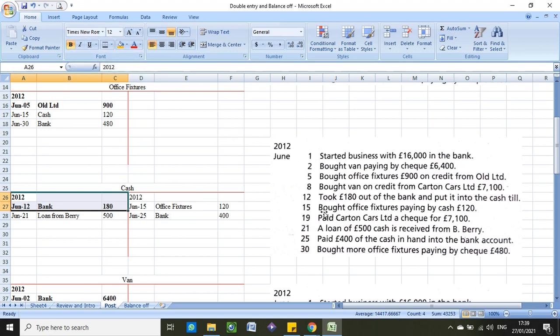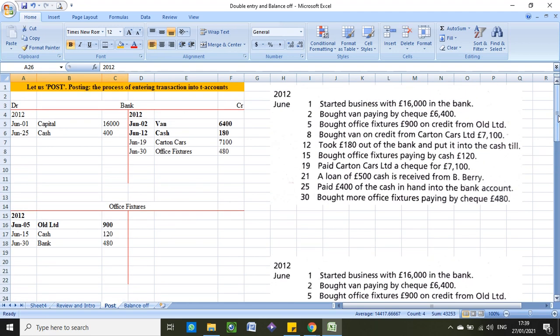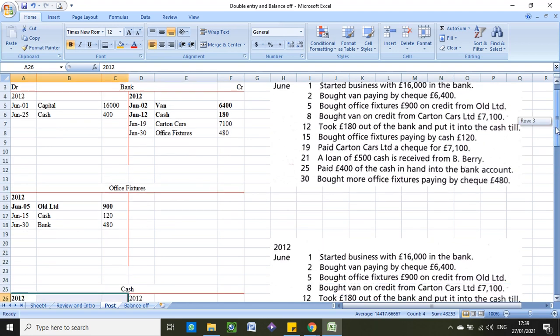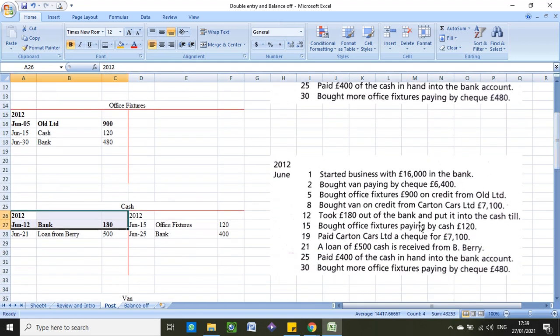June 15th, bought office fixtures paying by cash, 120. We are buying office fixtures once again, and we're paying by cash. Let's figure out the cash first, because the cash is the easiest thing to analyze. If we're buying office fixtures with cash, that means that our cash will decrease. Cash is an asset account. It will always be an asset account. It will never change.